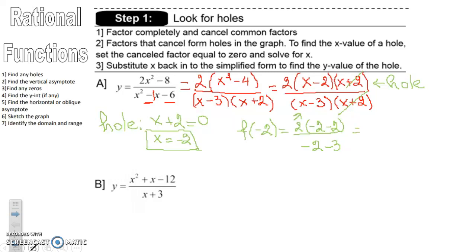I am looking at -8 over -5, which is simply 8/5. Since this here is my y value, let's go ahead and give the hole as a coordinate or as an ordered pair. It is located at -2, 8/5.